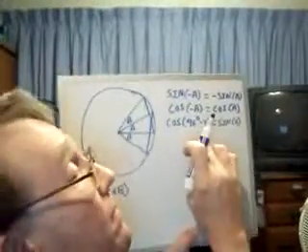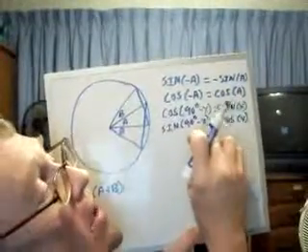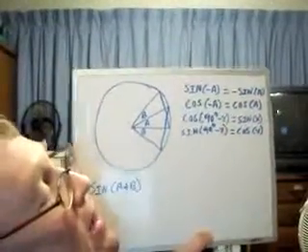We can do that. Now then, what else can we do? We can do this too. Why can we do these last 2 right here?